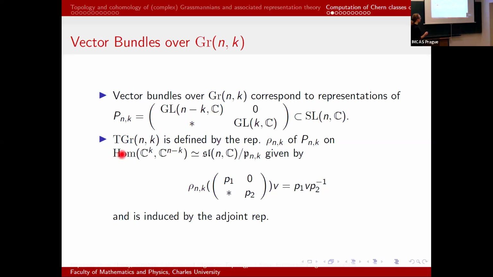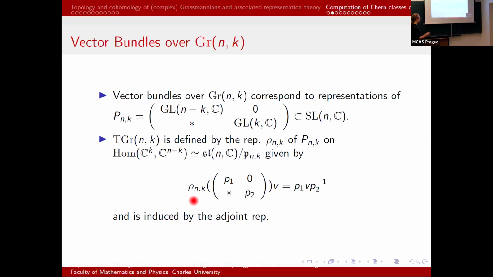The tangent bundle to the complex Grassmannian nk is defined by the representation rho nk on N minus K times K matrices, and this vector space is isomorphic to the quotient of the Lie algebras, where pnk is the Lie algebra of this parabolic subgroup.